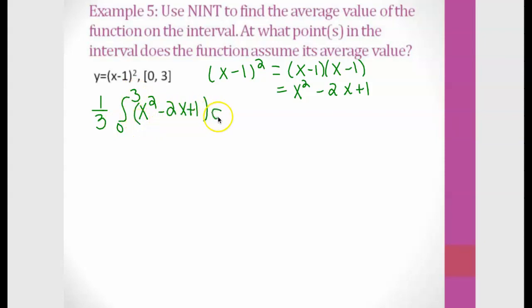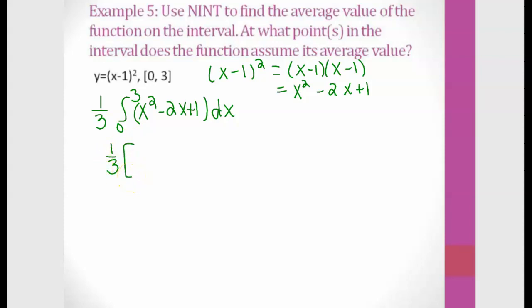One of the things that's important, and I can't stress it, I always show it, is making sure you always have your dx, making sure you always have your bounds, and then once you find your integral, just keeping it consistent.